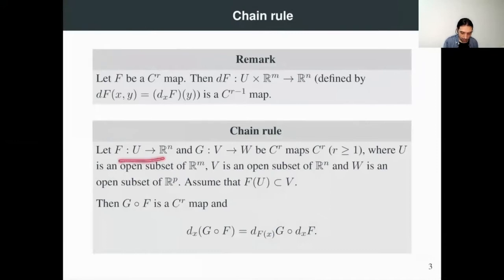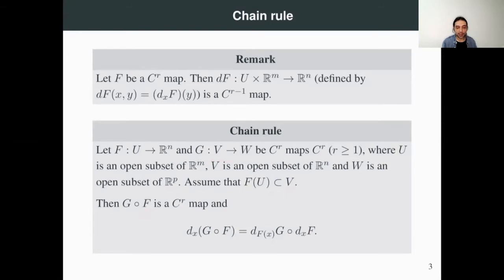If we have a map f between U, which is an open subset of R^m, and R^n, and g, which is a map between an open subset of R^n and R^p, and besides that, the image of f is contained in the domain of definition of g, then we can consider the composition. And if these two maps are C^r, the composition is also C^r.